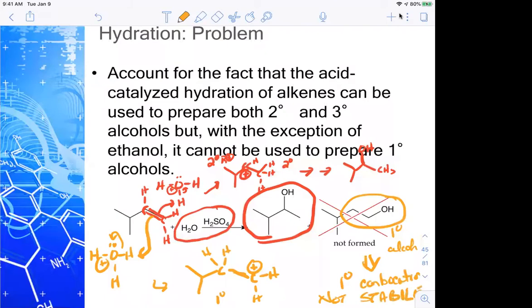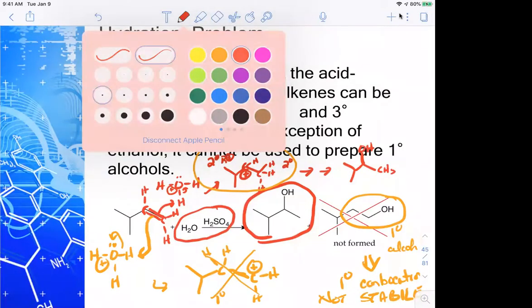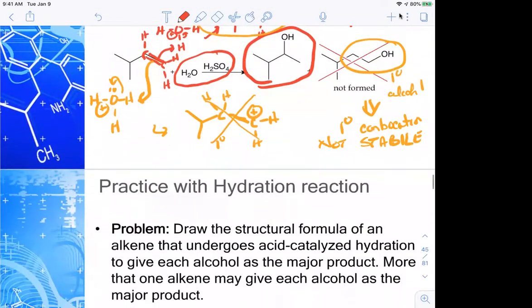So this is unstable. I'm always going to form the secondary or tertiary carbocation, which gives me the secondary and tertiary alcohols. I can use ethanol to form primary alcohols, but that's a special case. Okay, hopefully that makes sense.